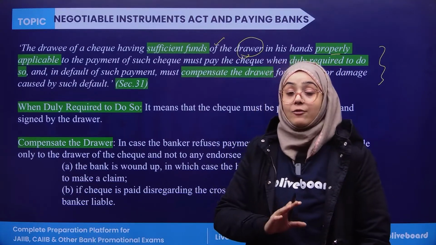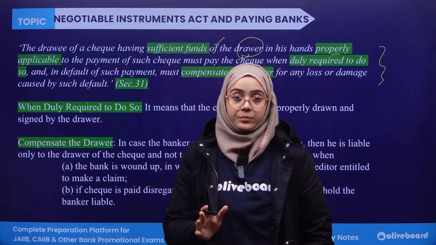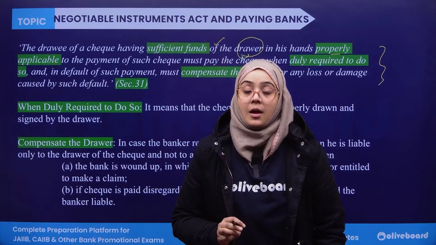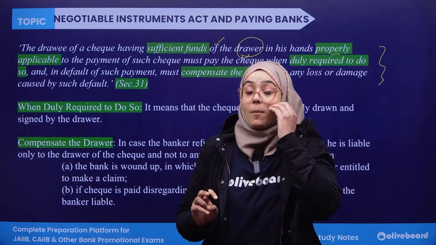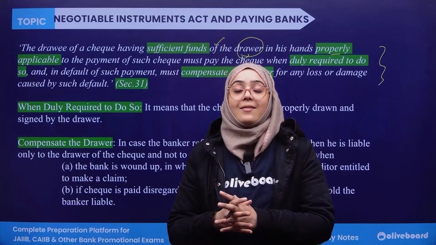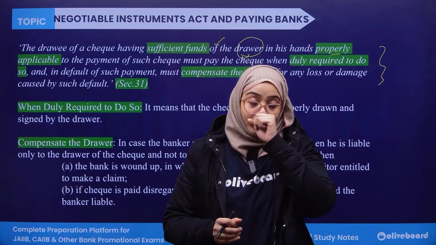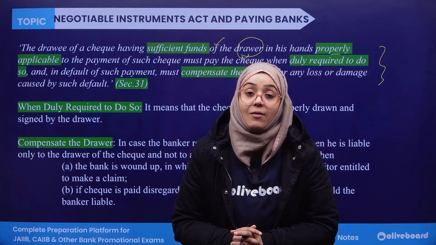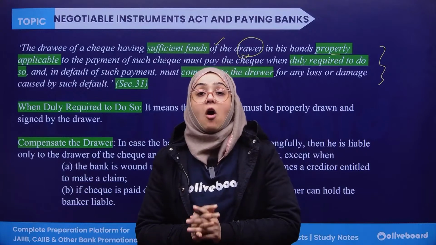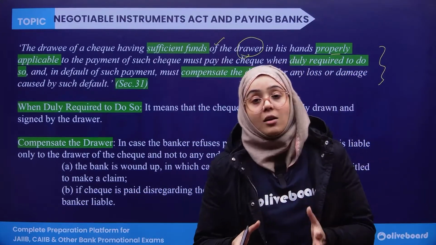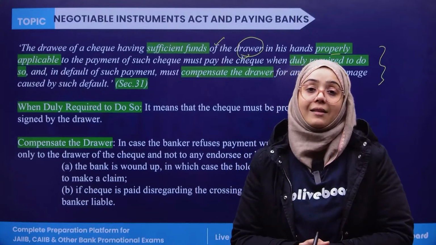And if after all these conditions, the drawee has sufficient balance, properly available, and the drawer has signed the check clearly, even with all these conditions satisfied, the drawee has wrongfully dishonored this check.